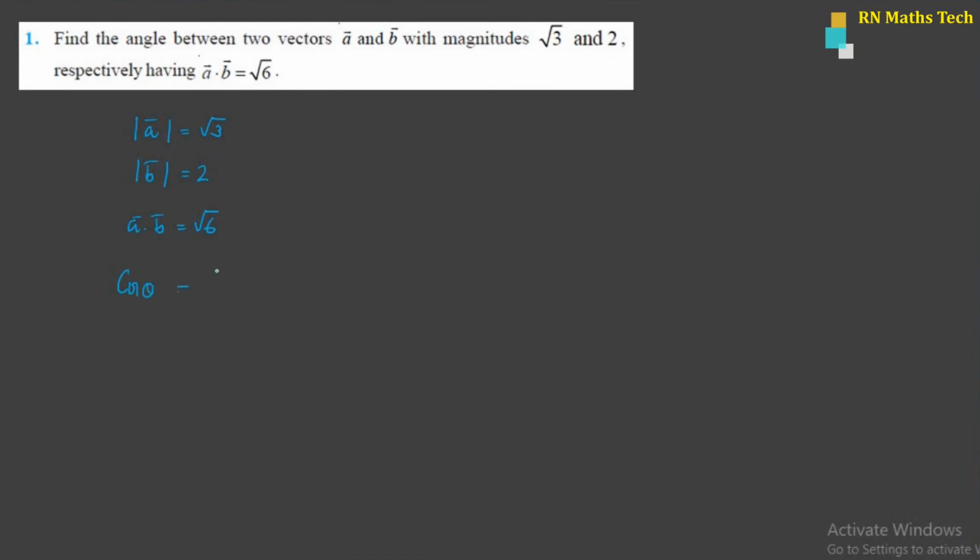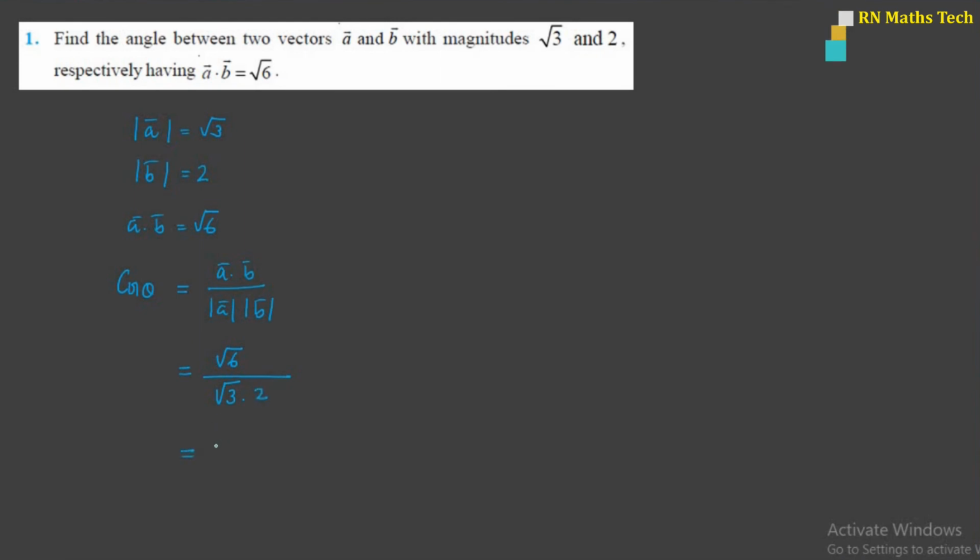The angle between two vectors: cos theta is equal to a bar dot b bar divided by mod a bar mod b bar. That is equal to root 6 divided by modulus of a bar, root 3, into modulus of b bar, which is 2.